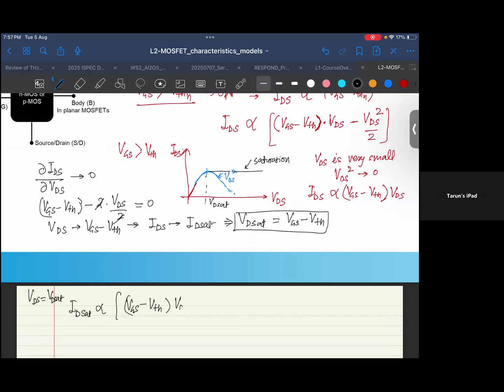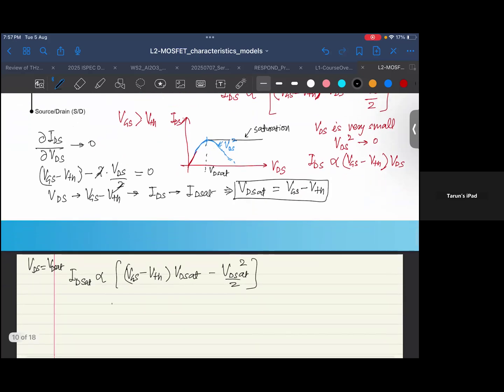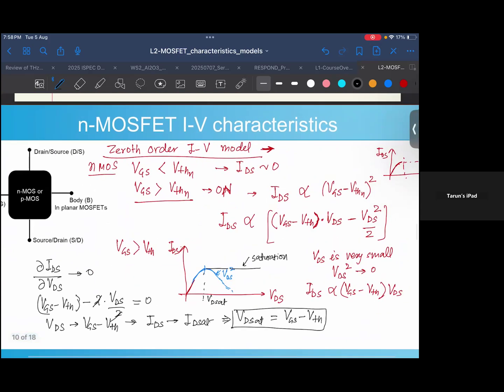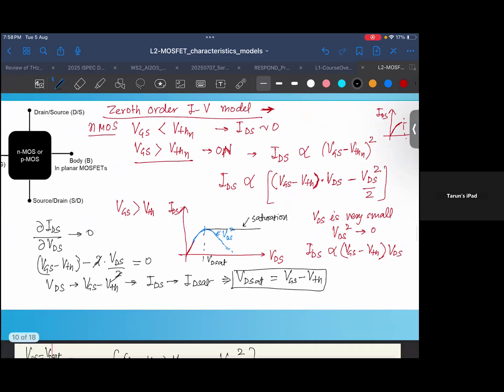When we put VD sat minus VD sat square by 2, and put in the value of VD sat, this would become VGS minus VTH square minus VGS minus VTH square by 2, which would be proportional to VGS minus VTH square. And this is the similar thing which we saw when we were looking at the on state.